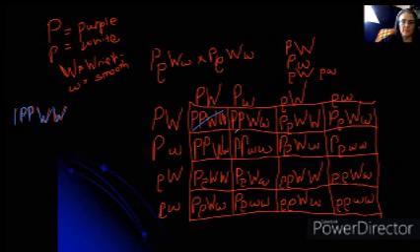And if you look, the scribble's really kind of hard to see, but these two are the same. 2 capital P's, big W, little w. Now, if we look, we don't see that configuration anywhere else in this square.